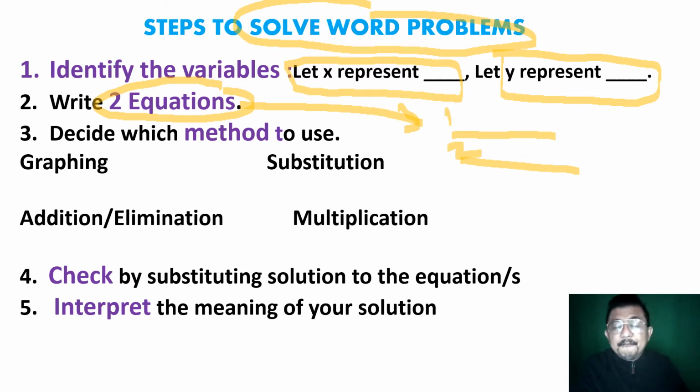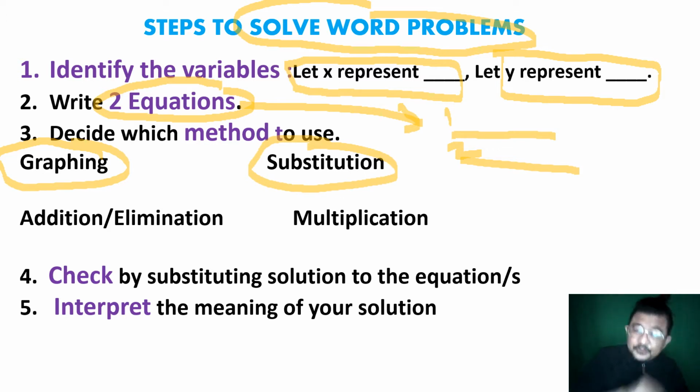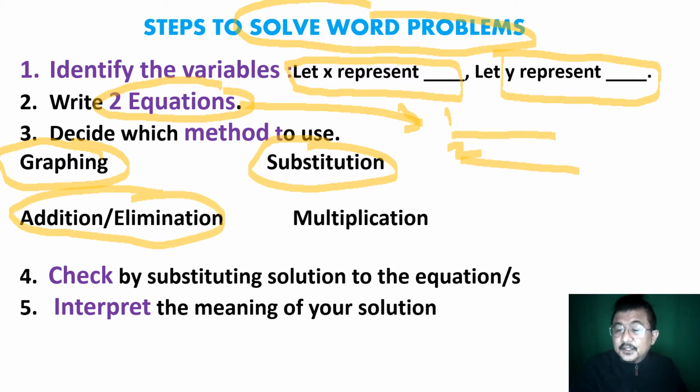Okay, now based on the equations, you could use graphing. If it looks like y equals mx plus b, you could use substitution. If x is alone, then you could substitute it into the other equation, or if y is alone, substitute it. Or you could do addition elimination if you could easily cancel one of the coefficients. All right. Use multiplication to adjust it.